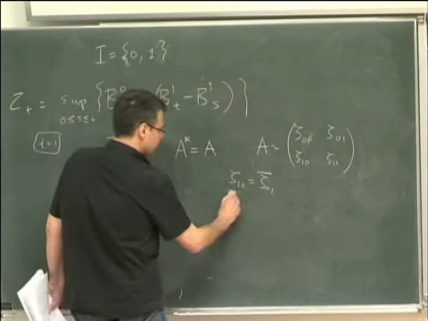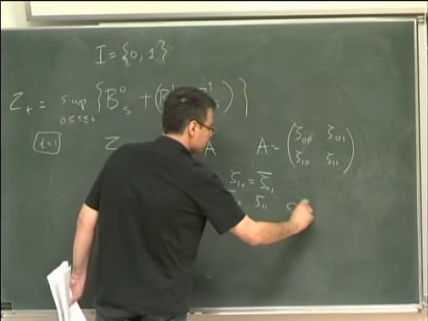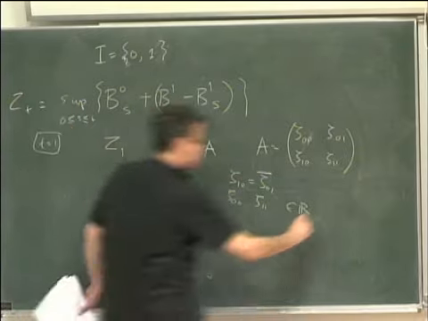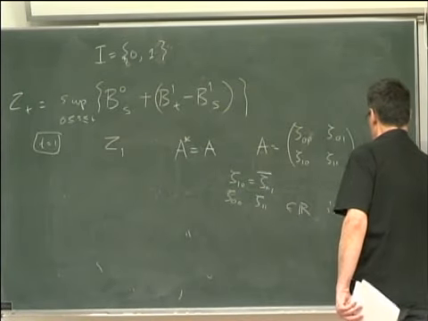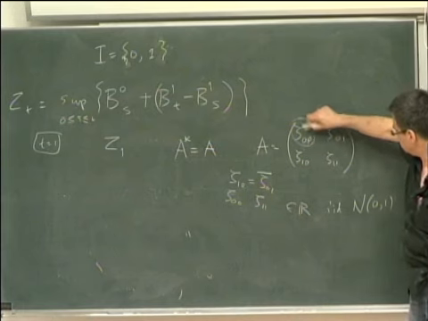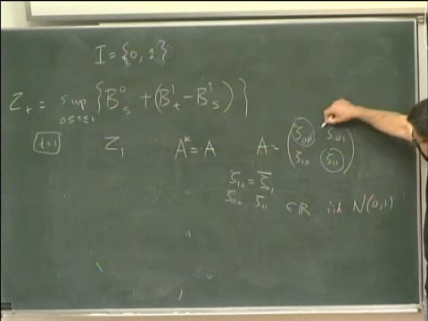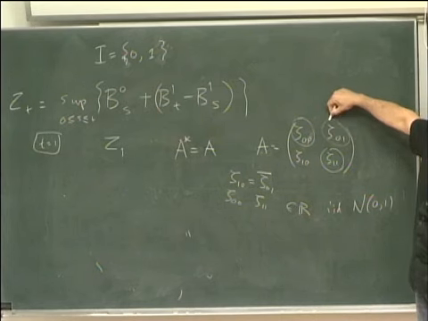And therefore, the random variables ζ_{00}, ζ_{11} are real random variables, and they are IID normal 0, 1 in R. And this is standard normal in the complex plane.